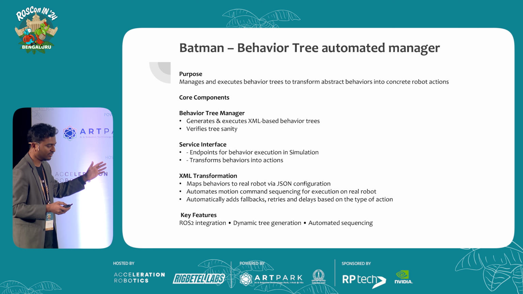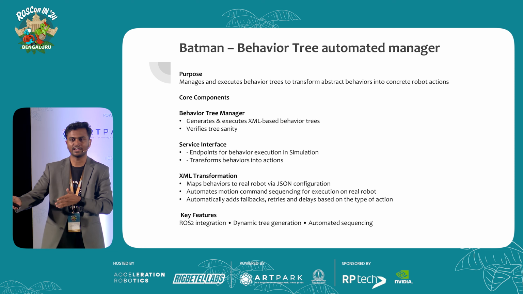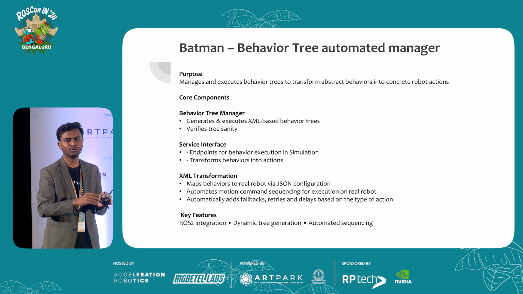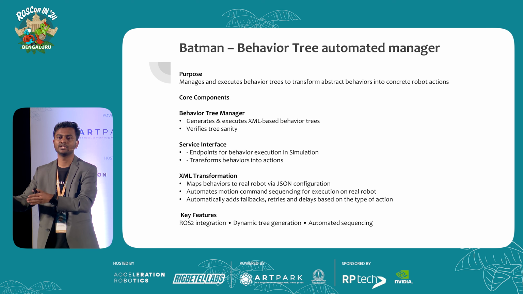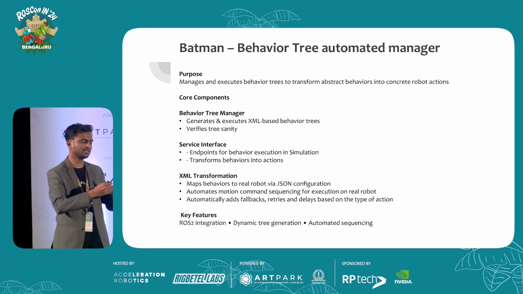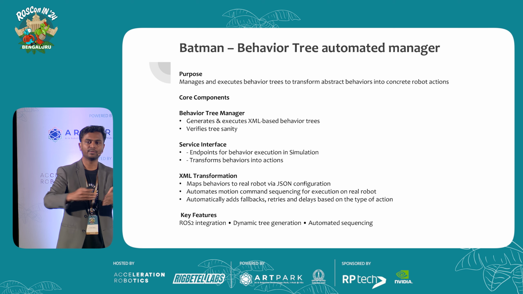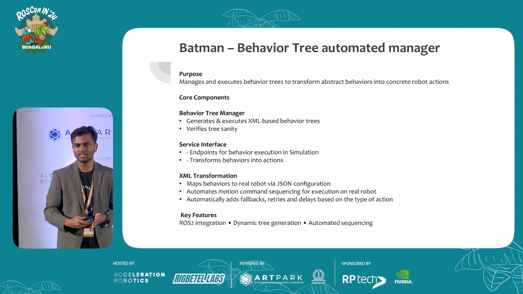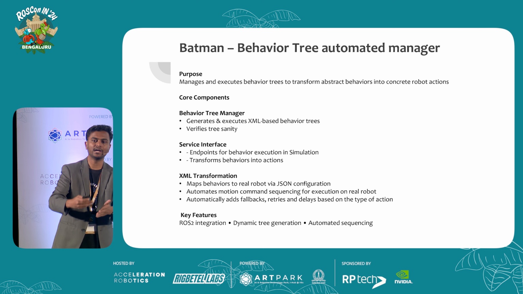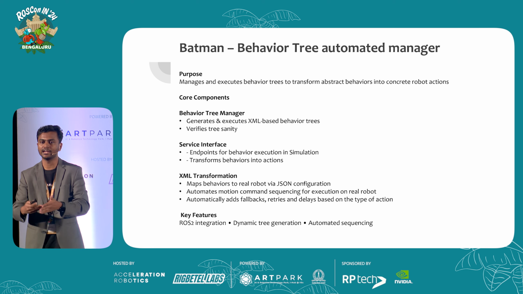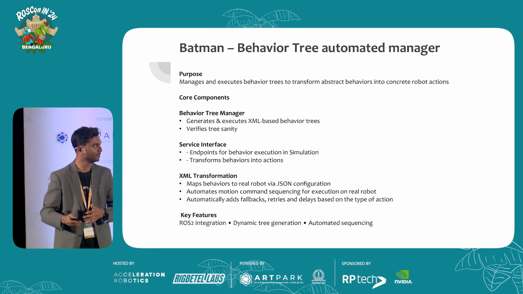When you are doing a sequence of actions, you would have to write the behavior tree every time. So what we do is, based on the sequence of actions which are generated, the behavior tree is automatically generated, and the fallbacks and the retries are automatically added to it based on the type of action it is.